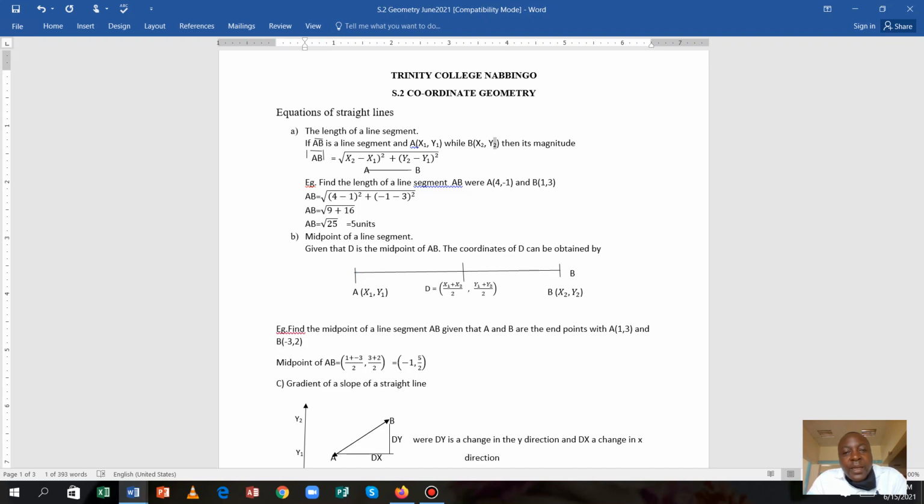So when we are looking at length of a line segment, we are focusing on the distance between 2 points. At times we can say magnitude or modulus. But when we have 2 points, for instance, we have A and B, the distance in between can be got as long as we have the coordinates of A and coordinates of B. Okay?